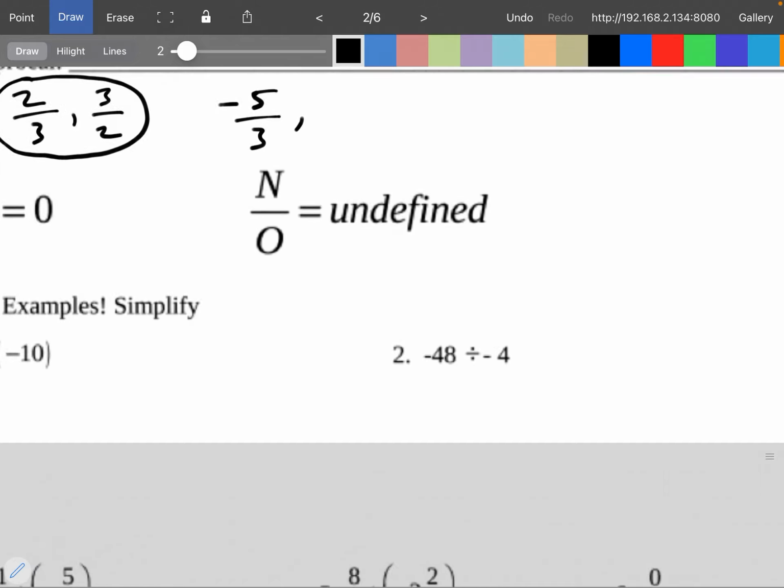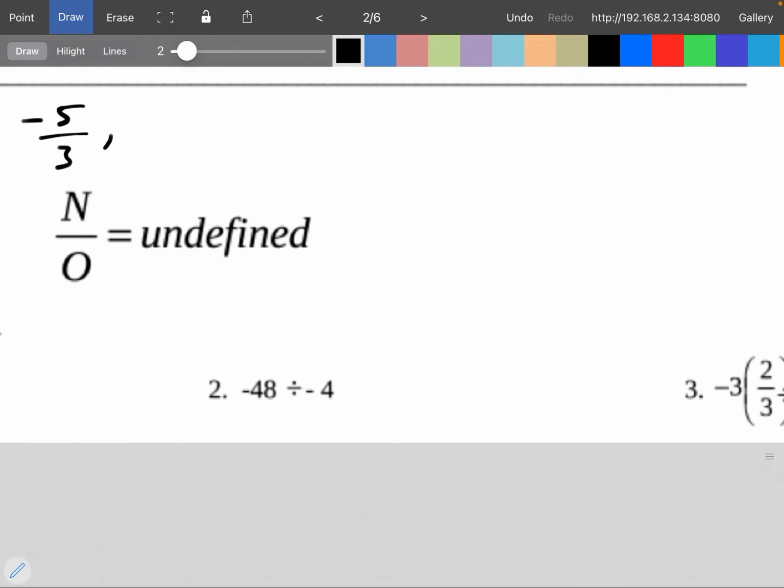So on the side over here, let me write this down. Dewan said 3/-5. So if you have 3/-5, that's the same thing as -3/5 is the same thing as the negative of 3/5. So those are all the same.